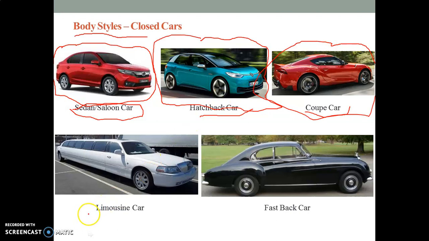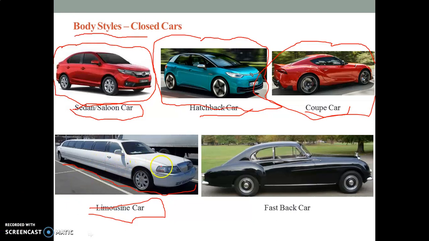Then next is the limousine car. A limousine is a different closed car. You will observe the length of the car is huge compared to other cars. In this, large 6-seater or bigger passenger compartments are often driven by a chauffeur.